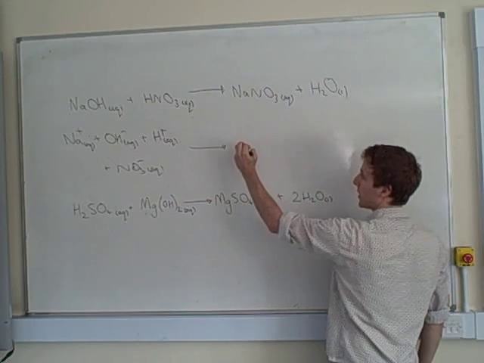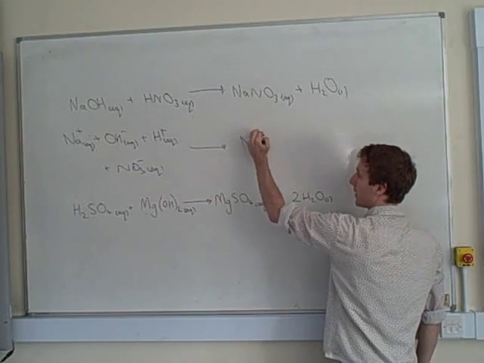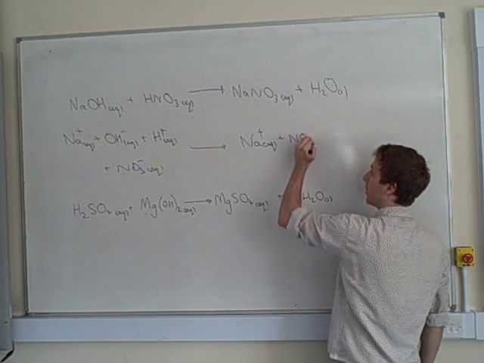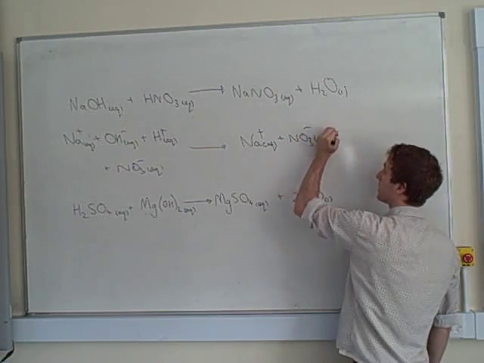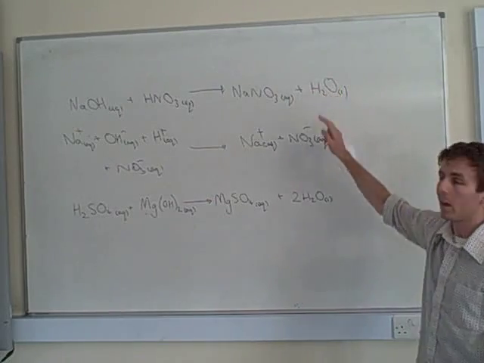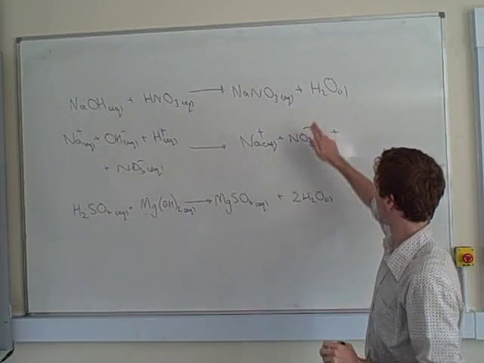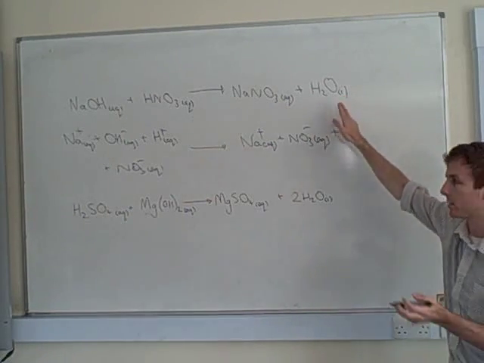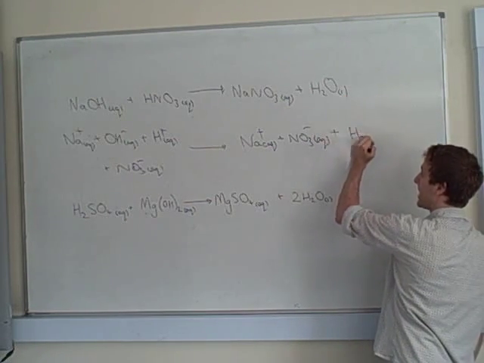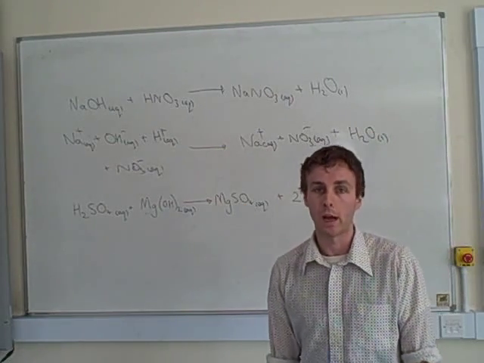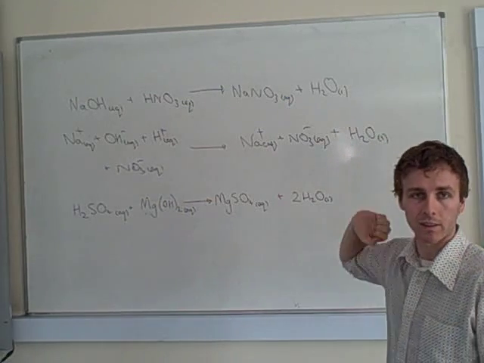I've got my sodium nitrate, that's aqueous and ionic, so that's going to be Na+ (aq) and NO3- (aq). And I've got my water, well, that's not ionic, but even if it was, that wouldn't make a difference, because water is liquid, it's not aqueous. So I would keep that as it is. If it's not an ionic aqueous compound, I don't do anything to it, I just leave it the same.